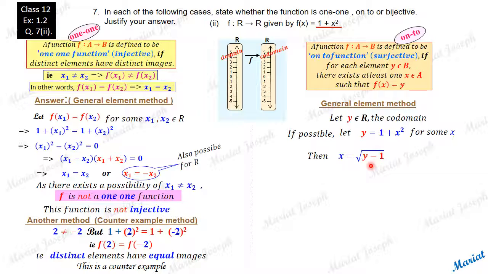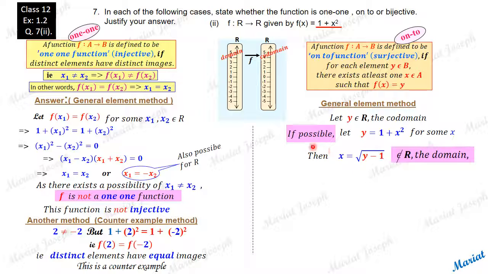But in case this y minus 1 happens to be a negative number, for example, if y is equal to minus 3, minus 3 minus 1 is minus 4 and its square root is the x. That x you will not be able to find in the set of real numbers because square root of minus 4 cannot be a real number. So the x that we have calculated here may not belong to the domain. It's not always possible.